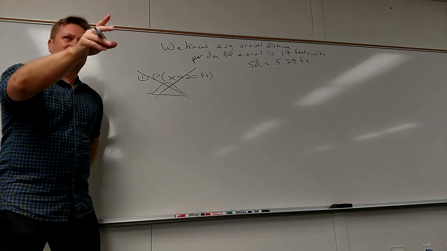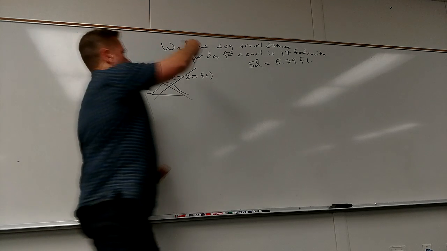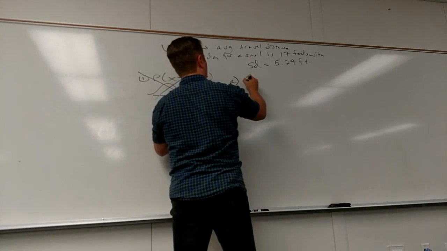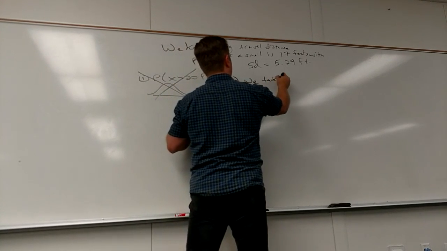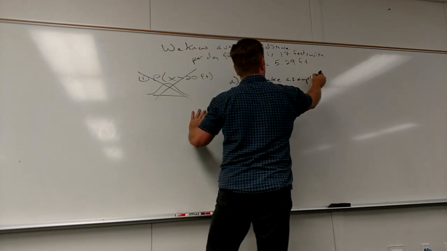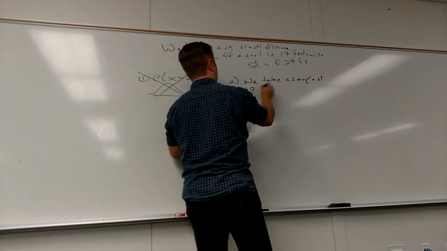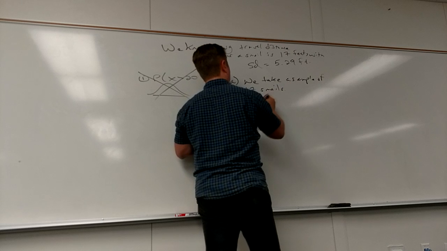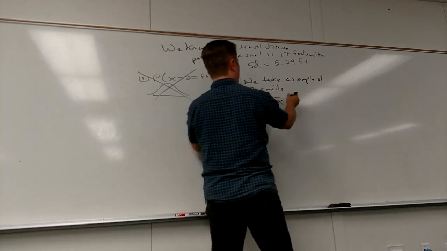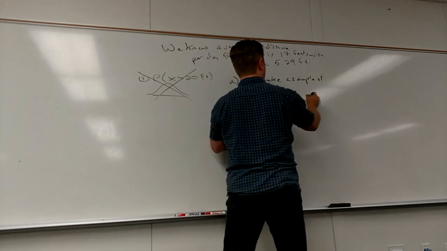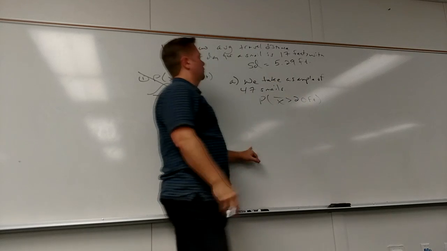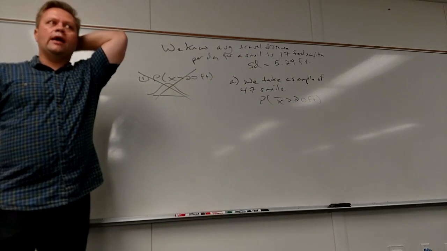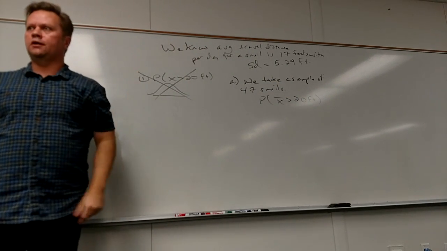But if I tell you we take a sample of 47 of these snails, what's the probability that their mean is more than 20 feet? Why can I do that problem all of a sudden?